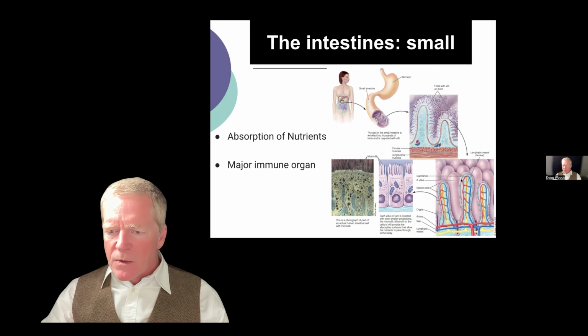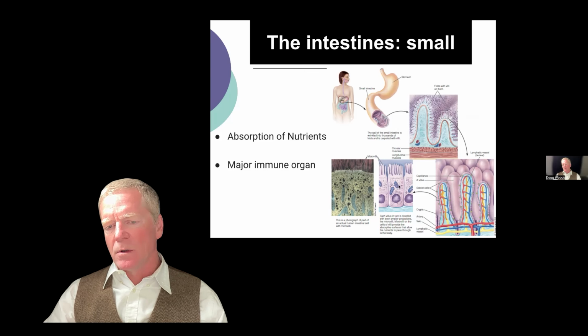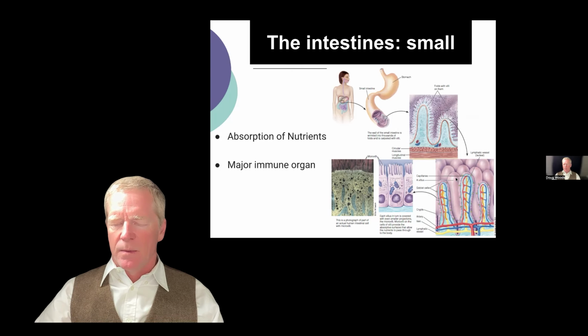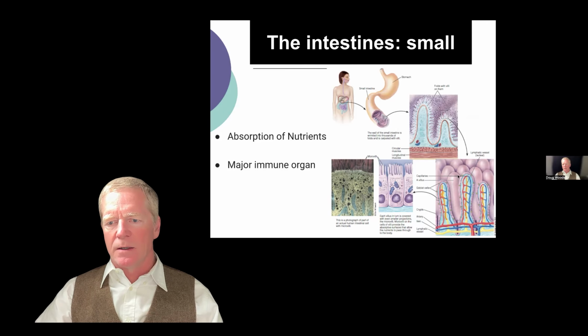And then on each one of these cells here, each one of these tiny little squares, you can see each cell itself has little microvilli. And these little microvilli are on top of the villi. And so overall, the intestines have a really huge surface area, approximately the size of half a tennis court when you lay it all out end on end.